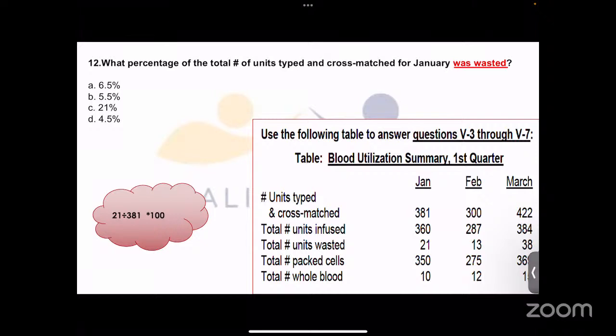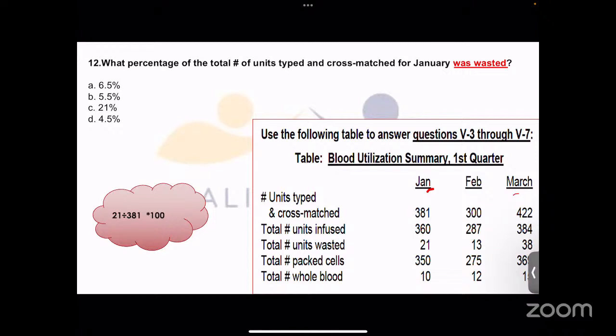Now I will solve this question using the table provided. We have a table in the exam and we will interpret it. The table is about plasma utilization samples for the first quarter from January to March. So the total units infused, or the units actually used.